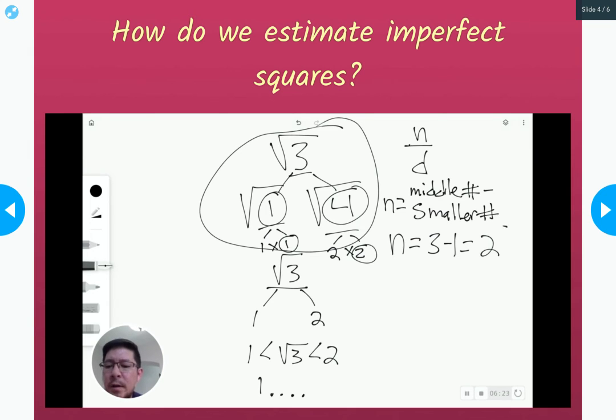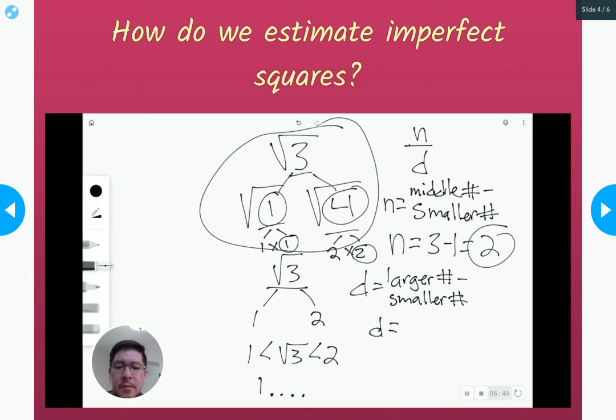That is our numerator. Now for the denominator, we're going to take the larger number and subtract the smaller number. So in other words, the denominator is equal to 4 minus 1, which gives us 3.